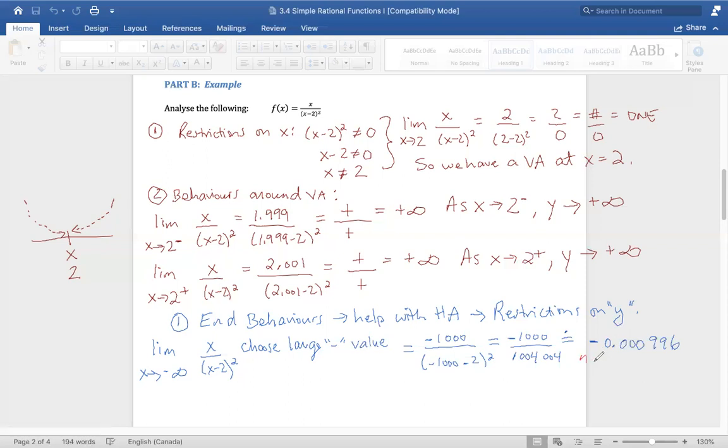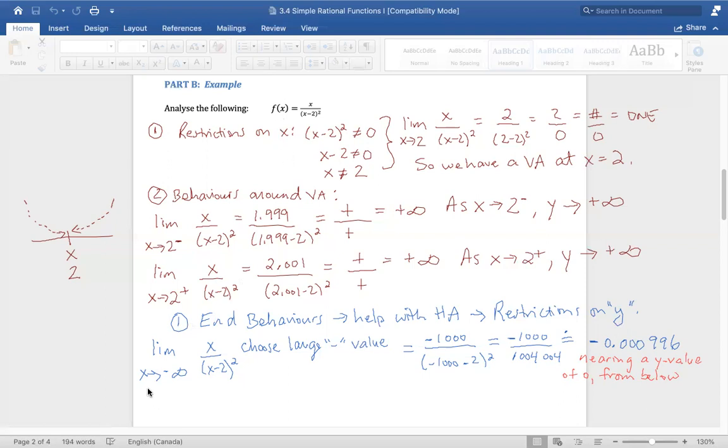I'm nearing a y value of 0, but from below. From below 0, going up to 0, approaching, right? But not touching yet.